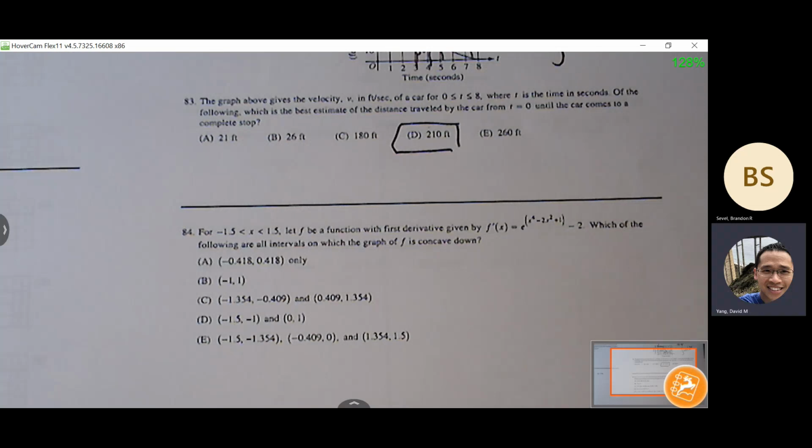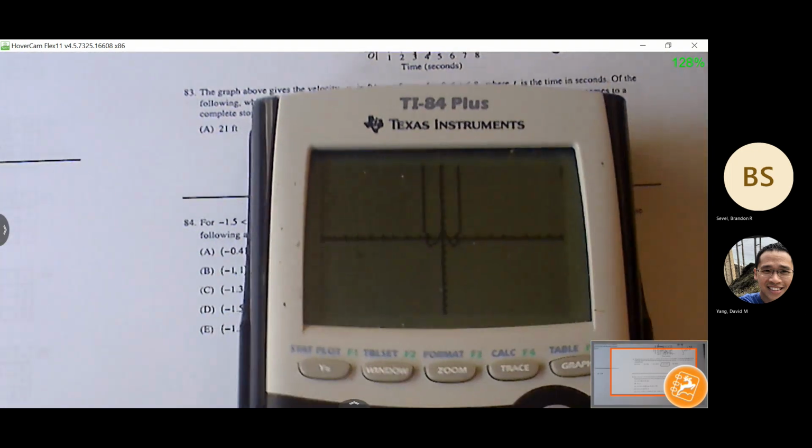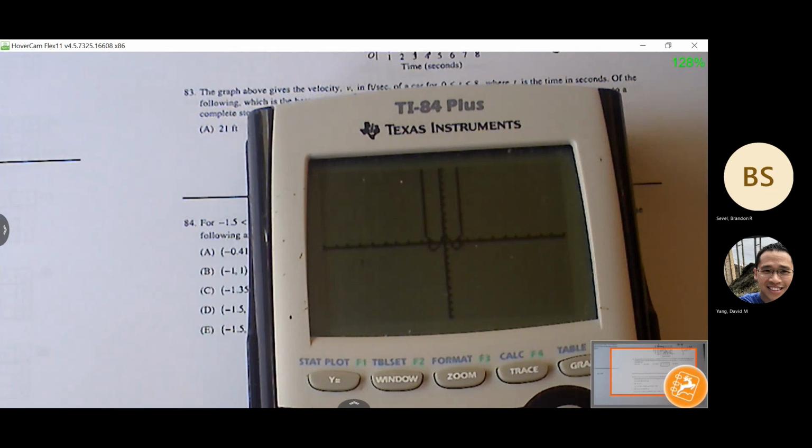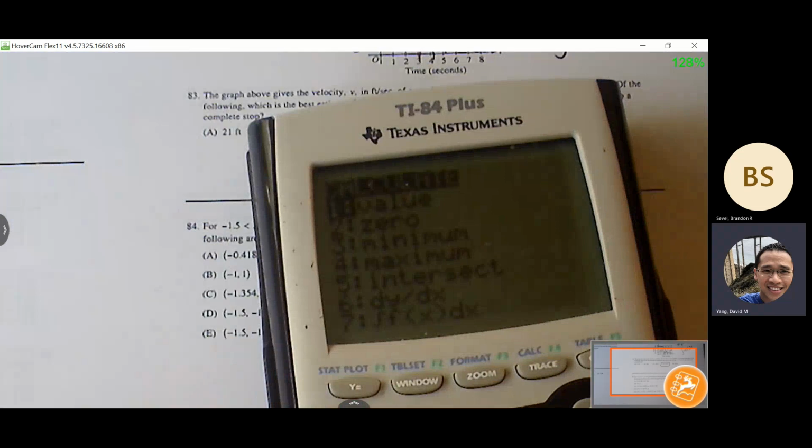So I can just sketch my graph in my calculator. Let me zoom in a bit here. I can trace.